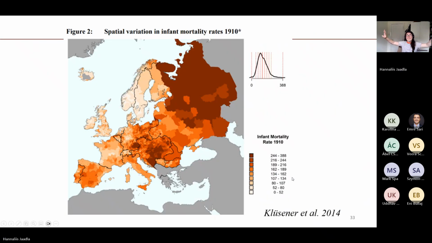The moment we zoom out, we see that the differences, so this is 1910, in England and Wales, or Great Britain in general, were not as large as the differences you observe across the European context, especially very high levels of infant mortality in southern Germany, but also southern Europe, and also Eastern Europe and Russia. And the lowest infant mortality rates were observed in Sweden and Norway. This is quite a complex pattern of disparities in infant mortality in this context.